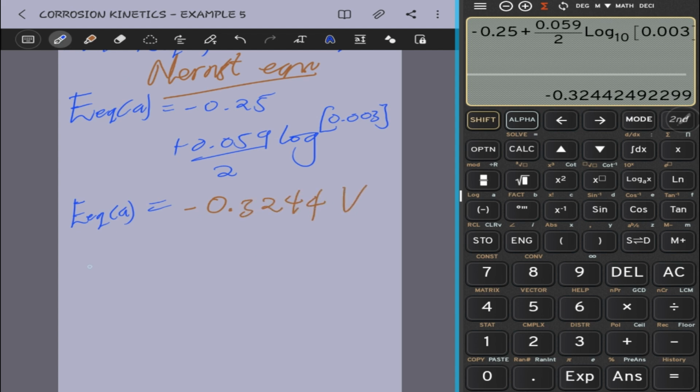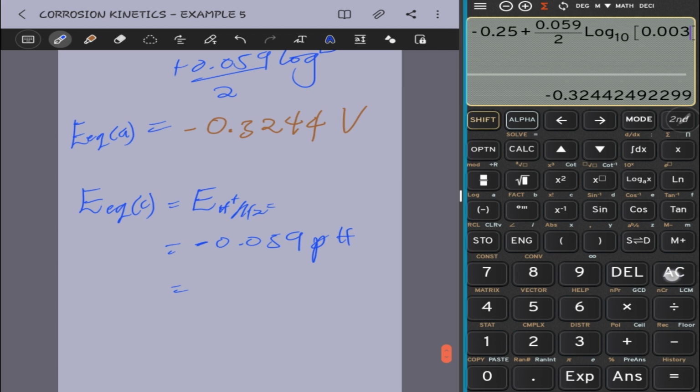For the cathodic, the equilibrium potential, since it's a hydrogen electrode, will be the same as this. We have E reduction for H2, which we know to be 0.0, it's actually minus, we've seen that already, we're not going over it. That's minus 0.059, and the pH has been given already.